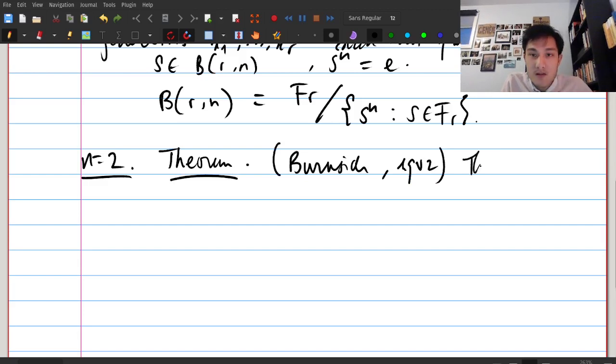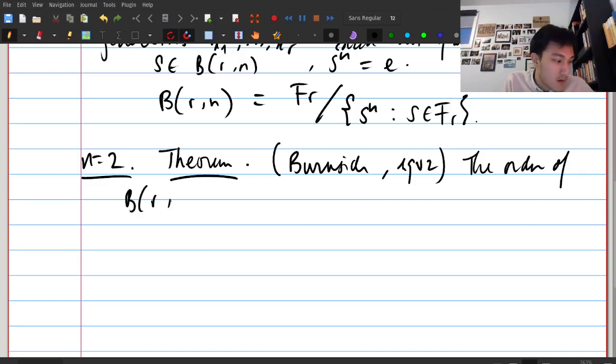The theorem is: by the way, the order of a finite group is its size, and the order of an element is the smallest power to which you take that element to get 1. Okay, I'm sure you know that already. The order of B(R,2) is 2 to the R. So it's finite, of course, and that's its order.